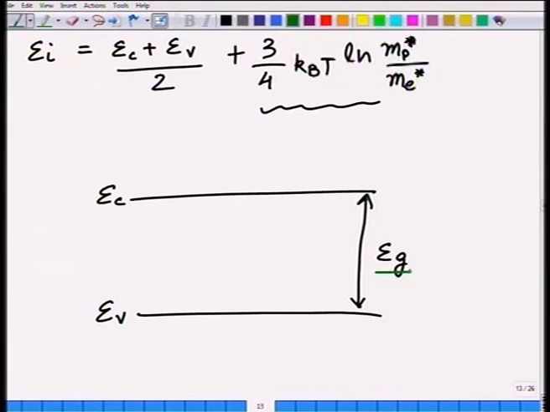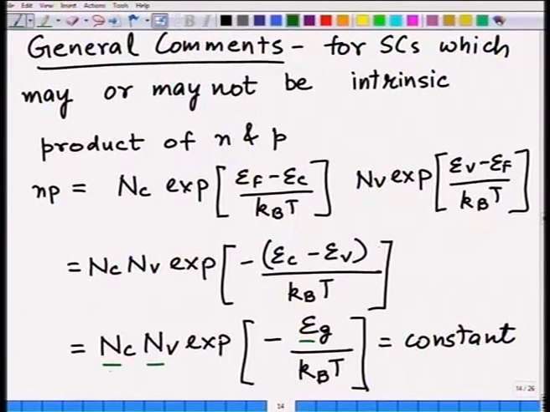The moment you specify the material, Eg is known, Nc is known, Nv is known, and therefore, it is a fixed number. Whatever the Fermi energy, product of np is a constant. That is a very important result, and that is a general comment.